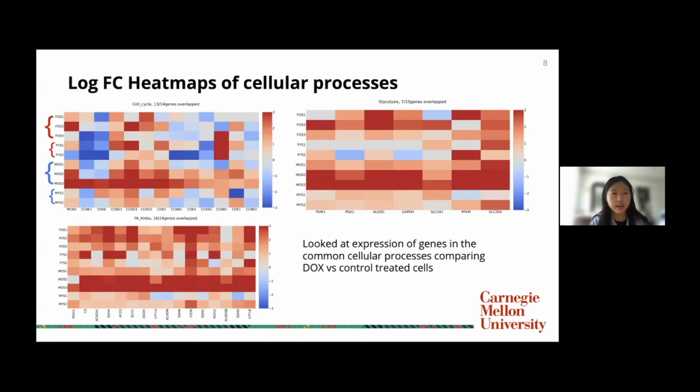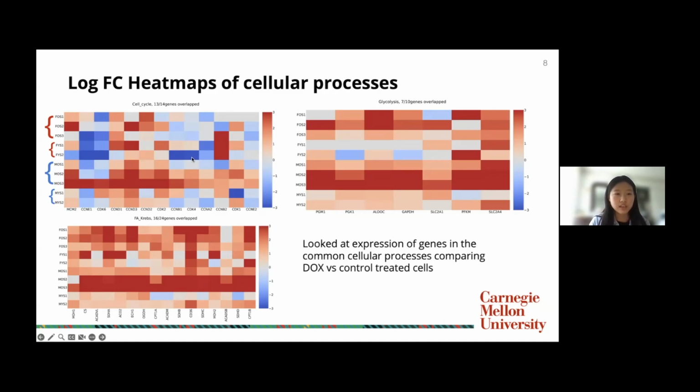Next, we looked at the log fold change expressions of different cellular processes. On these heat maps, the samples are grouped as female old samples, female young samples, male old samples, and then male young samples. Cells that are red indicate upregulation of that gene in the dox-treated cells versus the controls.